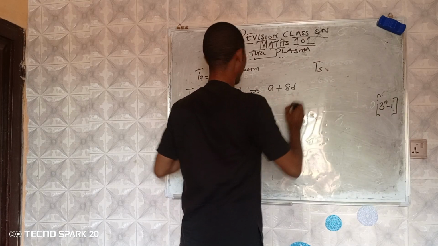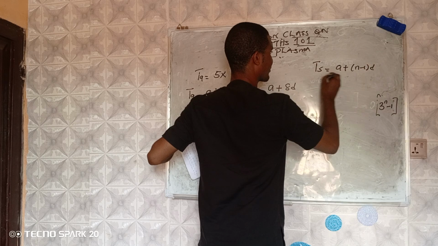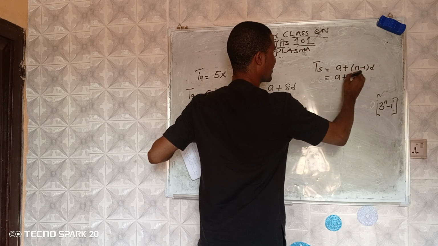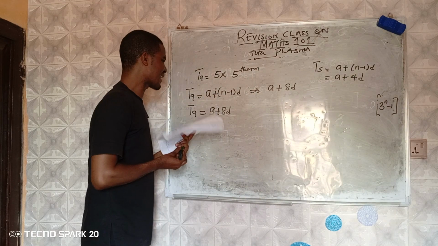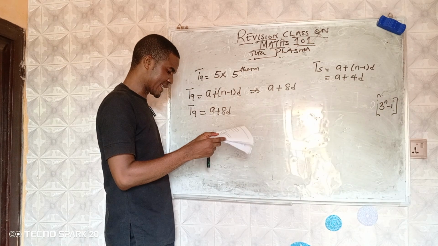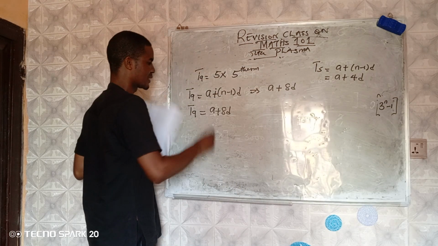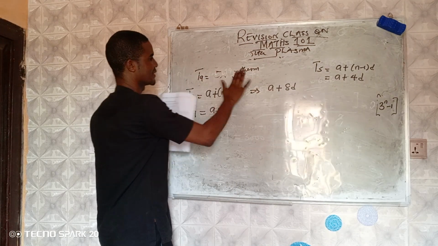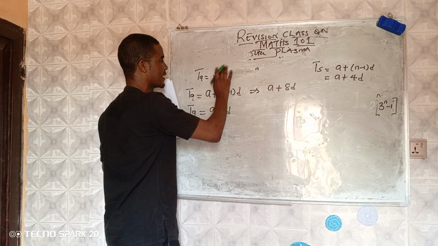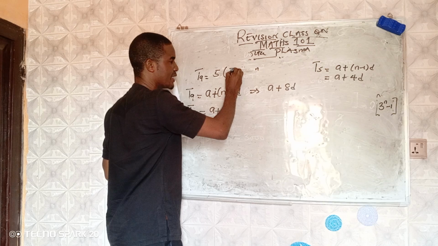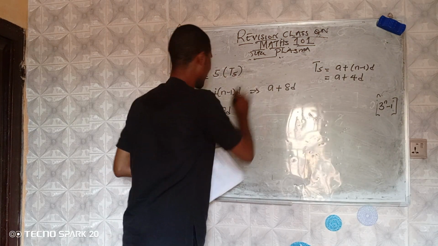T5 is equal to A plus n minus 1 D, which will give me A plus 5 minus 1, 4D. So we say that the ninth term of this AP is 5 times the fifth term. That means T9 is equal to 5 into T5. This is what it means.